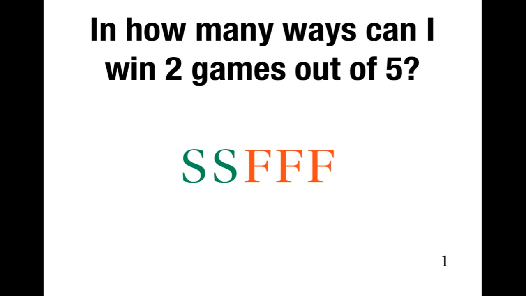We can find out the others by reordering the letters SS, FF, F, but we need to do it in a logical way so that we don't miss out any possibilities. To begin with, I'll keep the first S in the same place and move the second S along.